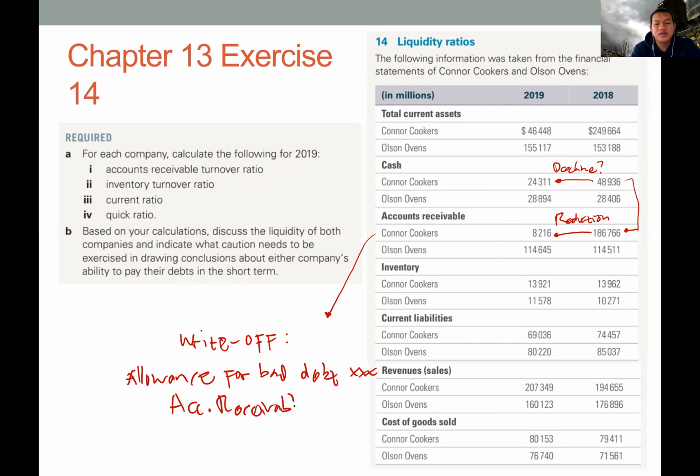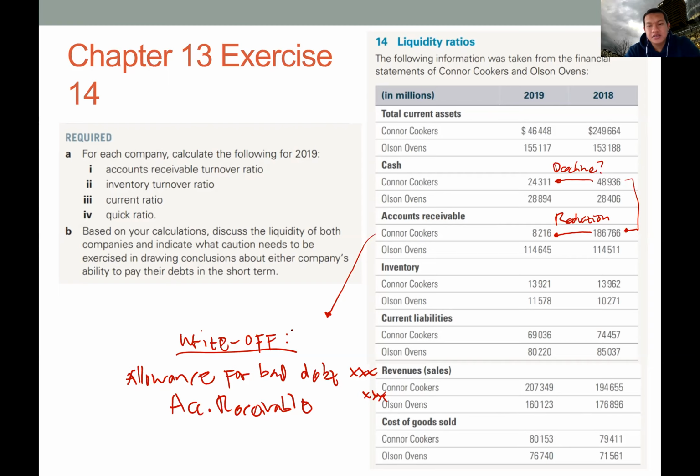So they make this journal entry and the receivables will be substantially reduced. So they are actually writing off the receivable instead of collecting it. It means it's not really good performance. It's not really a good sign of their ability in managing their receivables.